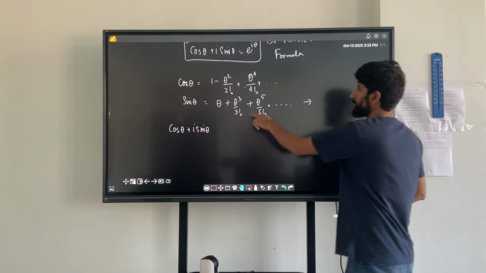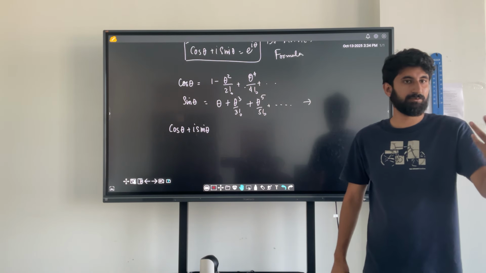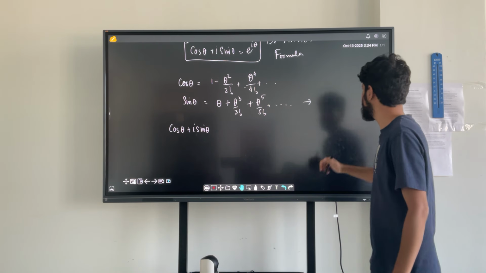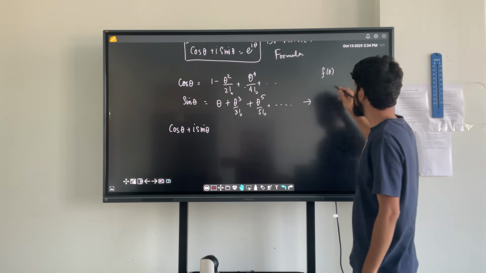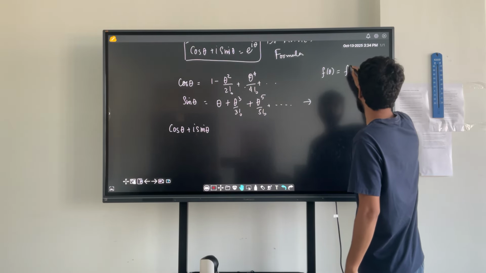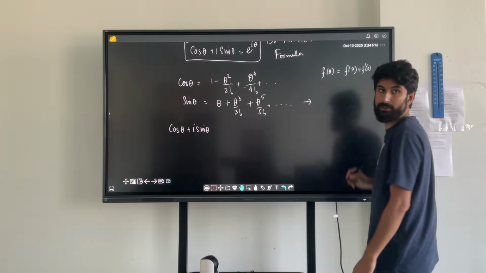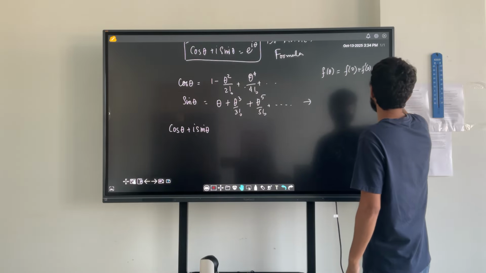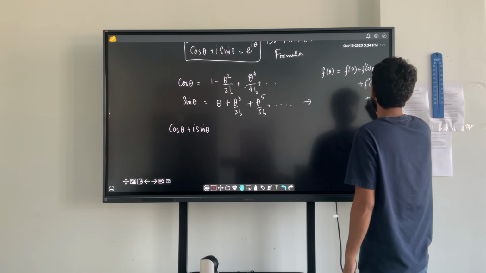So obviously, what are we doing Taylor series about? For a Taylor series you have to select a point. We're doing it around theta equal to 0. So for any function f of theta, how do I do the Taylor series? First f of 0, then f prime evaluated at 0 times theta, plus f double prime evaluated at 0 times theta square by 2 factorial, plus so on.